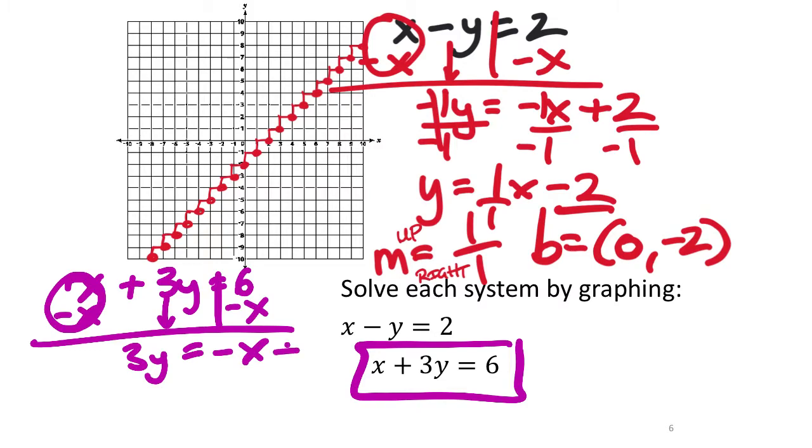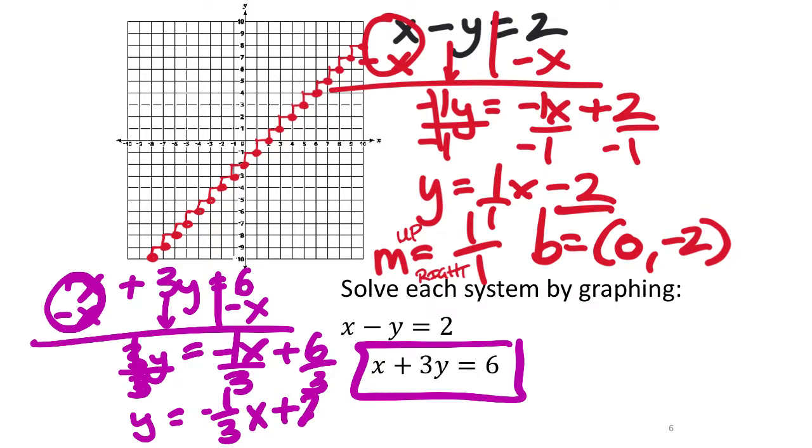The negative x and positive 6 I cannot combine because they're not like terms. Now divide all the terms by the coefficient of y, which is 3. To make it a phantom 1, 1y, now I'm going to show the phantom 1 for the x, negative 1. So that's a negative 1/3 x, and then 6 divided by 3 is positive 2.